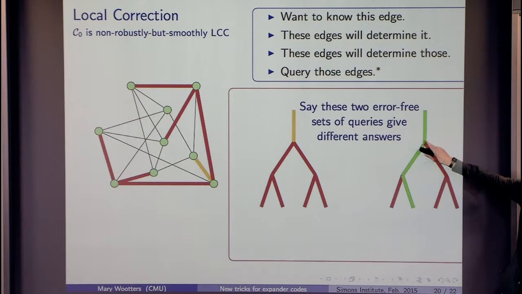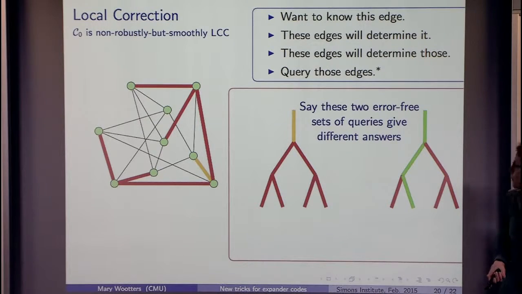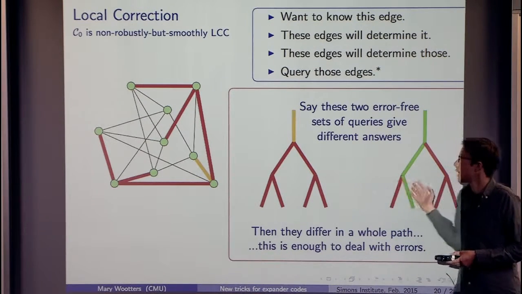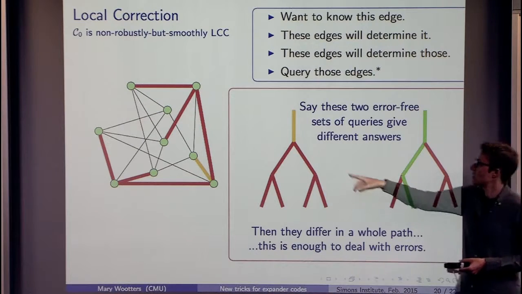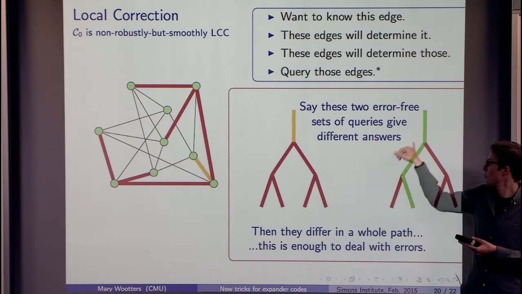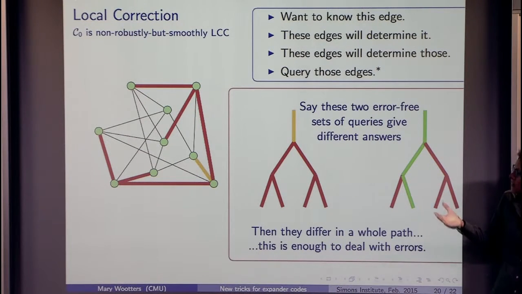So they must differ along an entire path from the root to the leaf of this tree. And it turns out that that's actually enough to let you deal with errors. If I'm trying to decide which of these two is correct in the presence of errors, you can show that because each of these paths is basically a random walk on an expander, errors will probably not aggregate in a nasty way on any path. And it turns out that's enough. And you can make that rigorous.